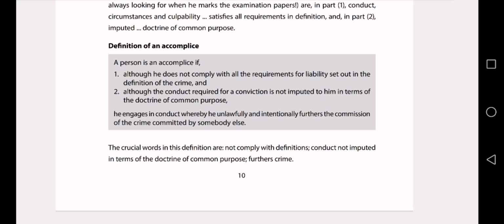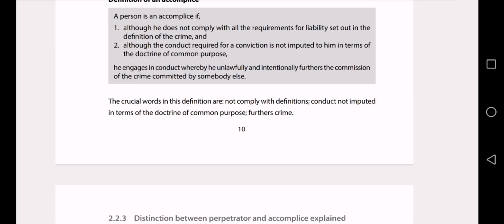Definition of an accomplice. A person is an accomplice if, although he does not comply with all the requirements of liability set out in the definition of a crime, and although the conduct required for the conviction is not imputed to him in terms of the doctrine of common purpose, he engages in conduct whereby he unlawfully and intentionally furthers the commission of the crime committed by somebody else.